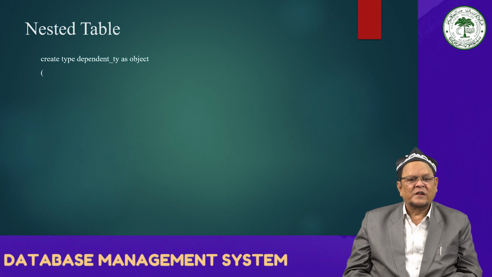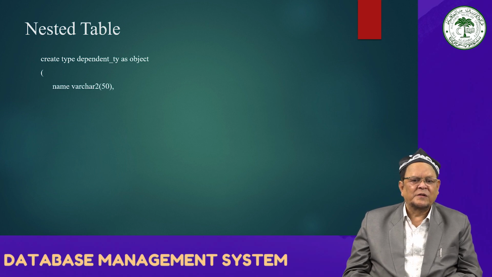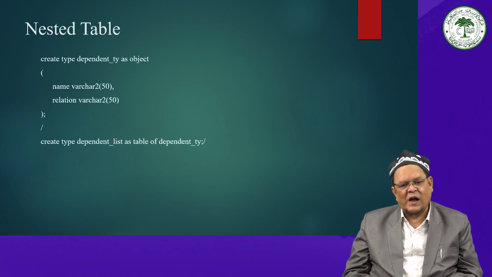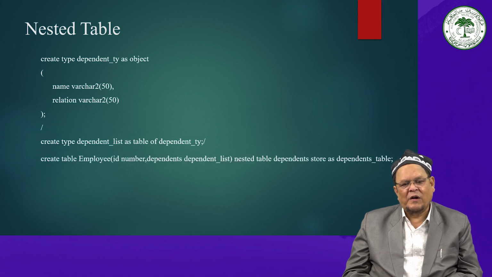Here, create type dependent_ty as an object. Then name varchar2 50, relation varchar2 50, data types you have to define. Then you have to create type dependent_list as a table of dependent_ty.